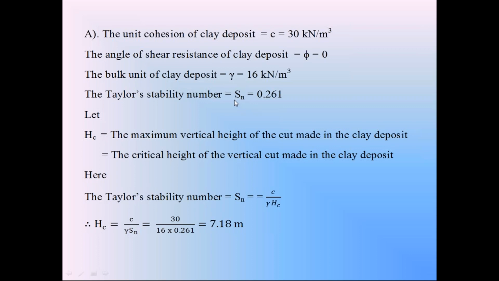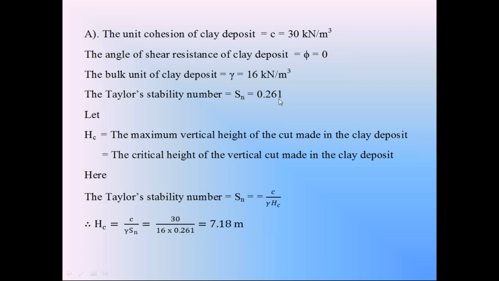We have to find it from the tables or charts. We know phi is equal to 0 degrees, and for a vertical cut the angle I is 90 degrees. So in the tabular form, using phi 0 degrees and angle I 90 degrees, we find the Taylor stability number.